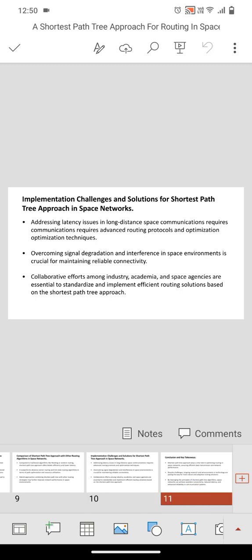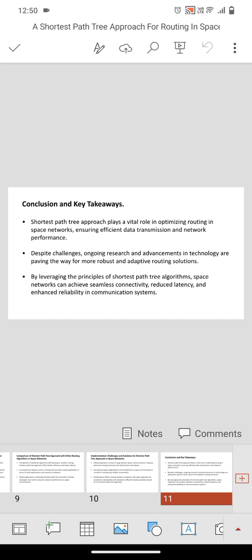You can see the next slide. This is the conclusion. The shortest path tree approach plays a vital role in optimizing space networks, ensuring efficient data transmission and network performance.